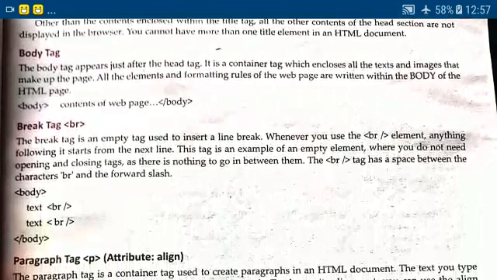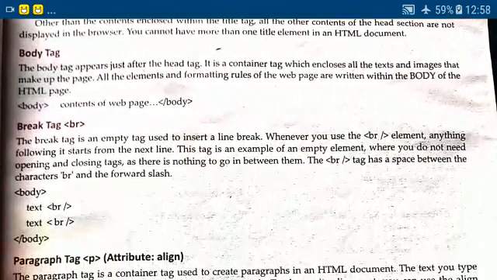How will we write the BR tag? Whenever you use the BR slash close tag element, anything following it starts from the next line. This tag is an example of an empty element where you do not need an opening and closing tag.